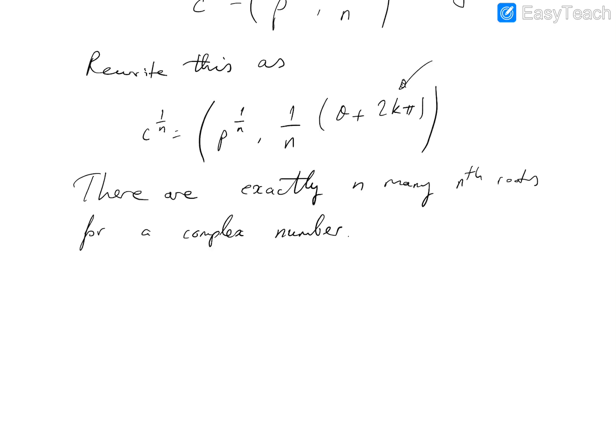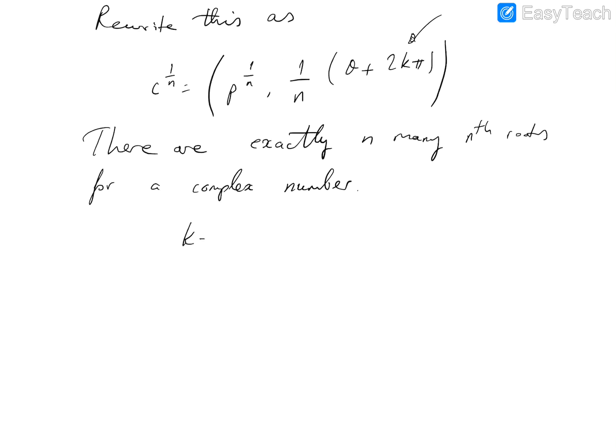So let's see how it works. So we give k, let's suppose that k is equal to 0. In that case, we substitute k into the equation above, and then we get 1 over n theta. If k is equal to 1, then this means 1 over n theta plus 1 over n 2 pi, assuming that we are working in the unit circle.